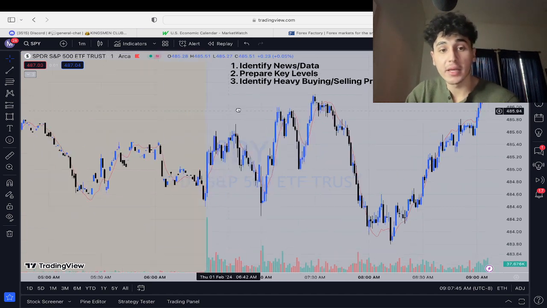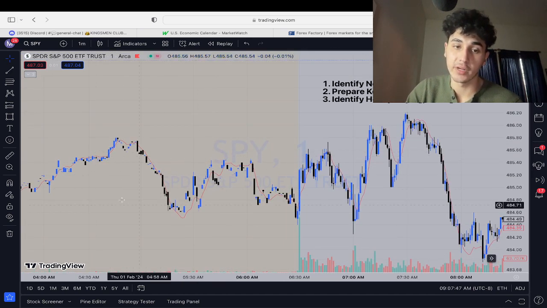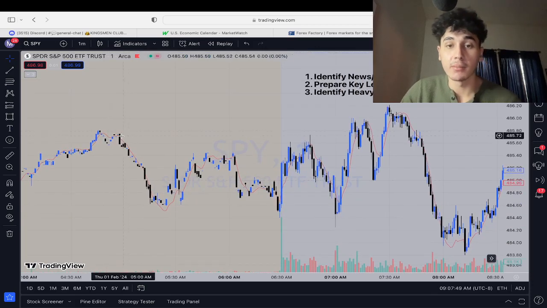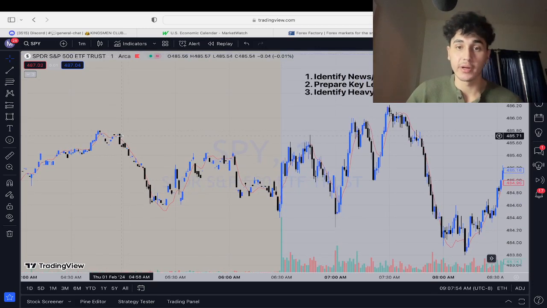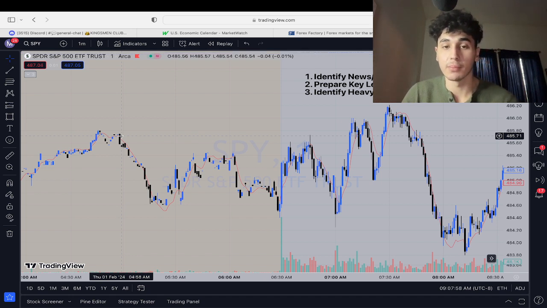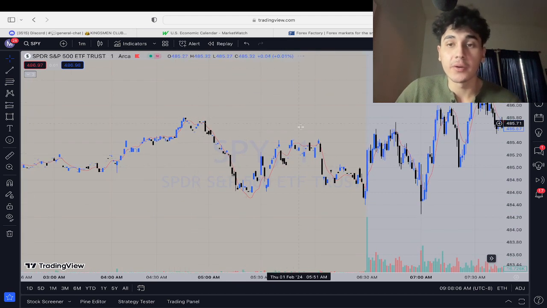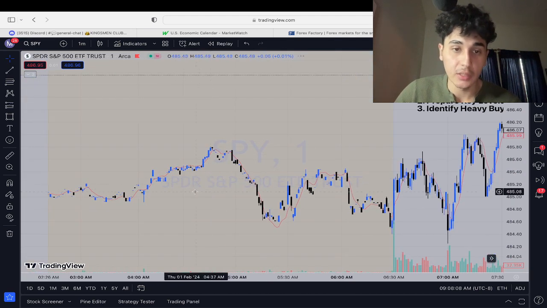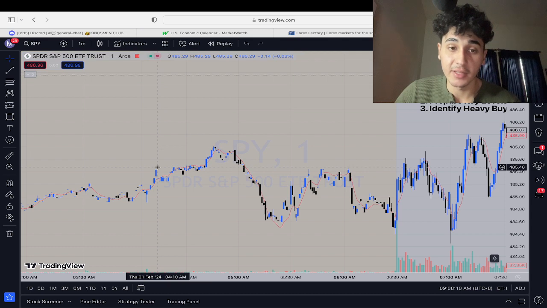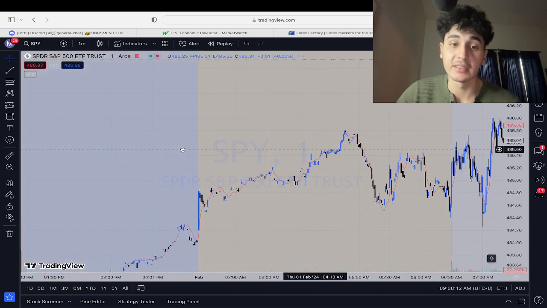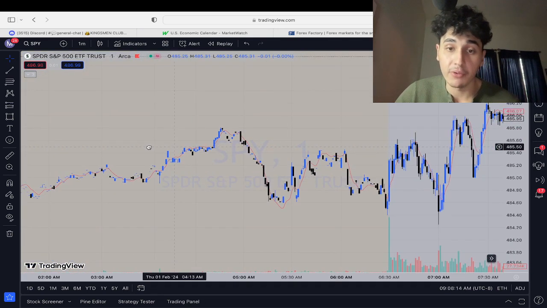Now, keep in mind, the impactful data is either going to be reported during pre-market, which is an hour before market open, or about 30 minutes to an hour after market opens. But what I'm really trying to get out of this is whenever there is data during pre-market, understand that especially if it is big data, that's going to leave an impact on price action.